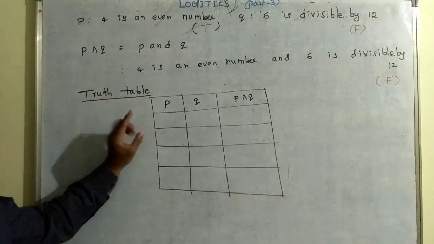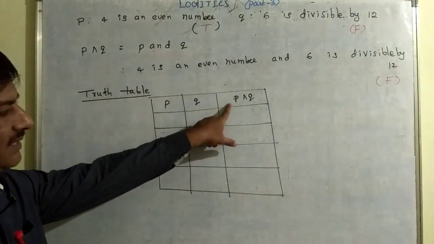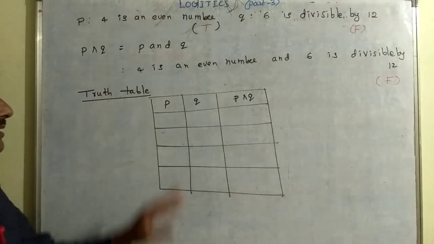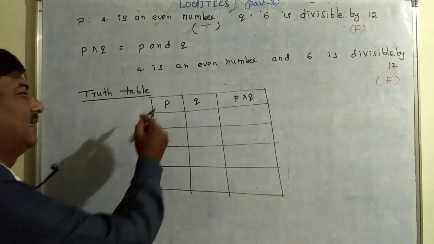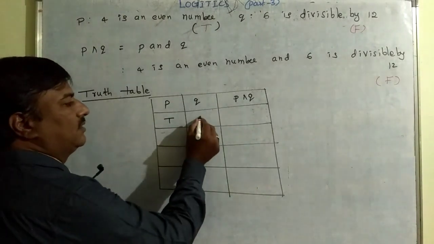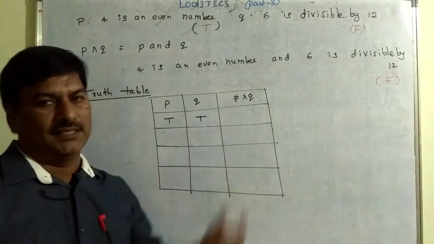We can define first the P statement, the Q statement, and the combined statement. Let's consider P is a true statement and Q is a true statement. The result of this statement we need to discuss.